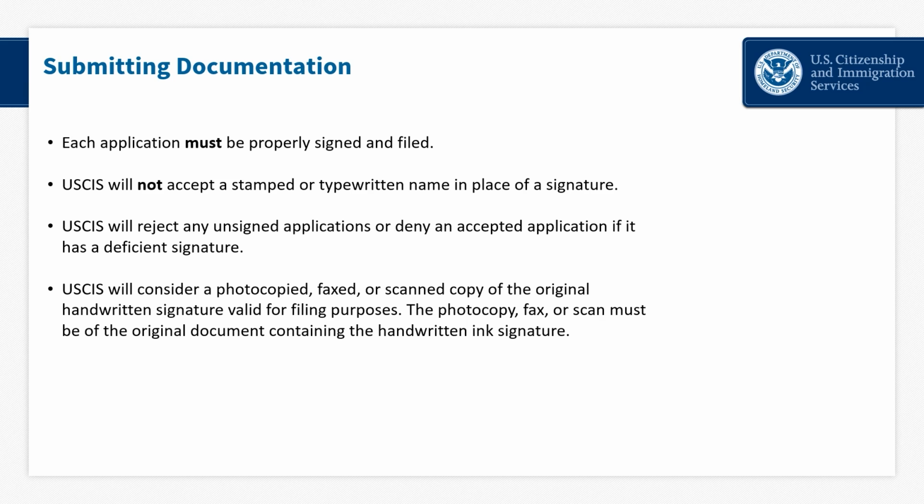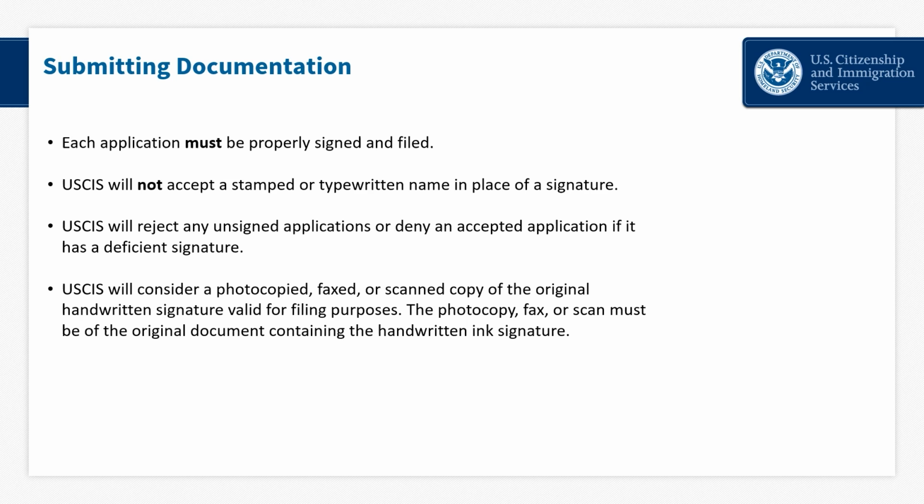Please note that it is not acceptable to use a stamped signature or typewritten name in place of the certifier, authorized individuals, interpreters, or preparers' signatures. This includes electronic signatures. USCIS will not accept signatures created by AutoPens or similar devices. Any unsigned application will be rejected.